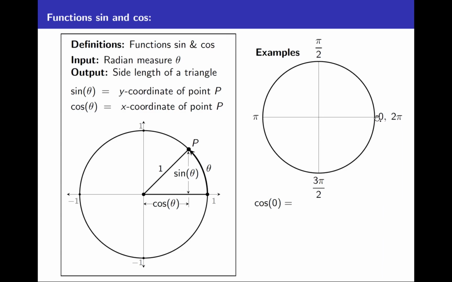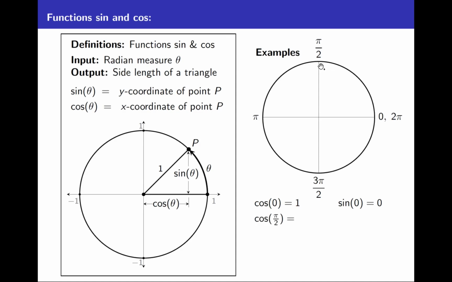It's going to be the x-coordinate of the point P at 0 radians. And this point right here, you can see it has x-coordinate 1. So cosine of 0 is equal to 1. What about sine of 0? That's the y-coordinate of this point at 0 radians. And that y-coordinate is 0. So sine of 0 equals 0.